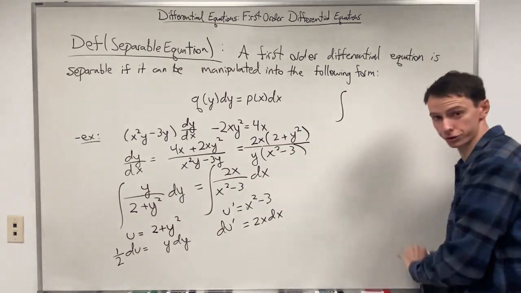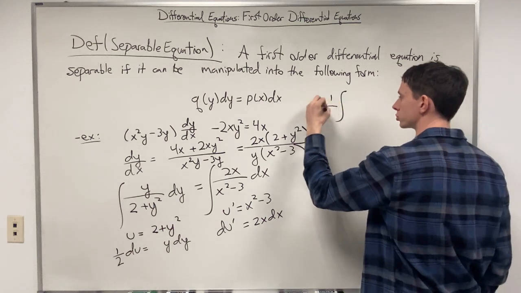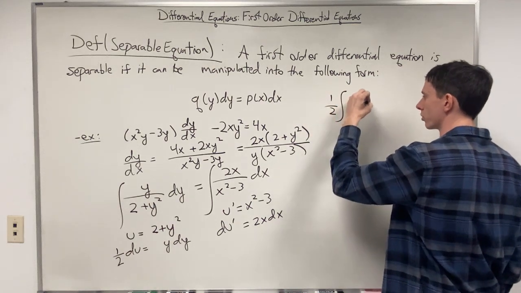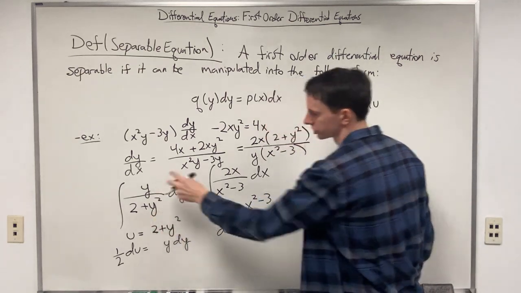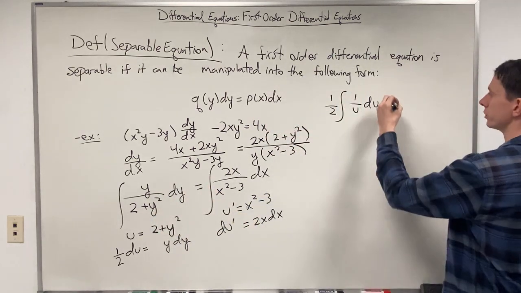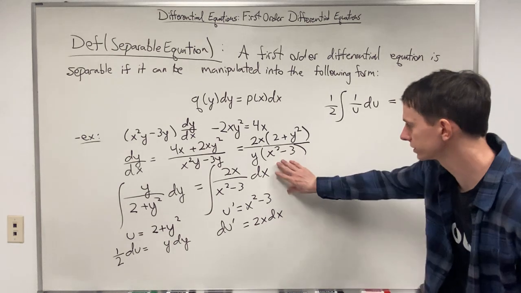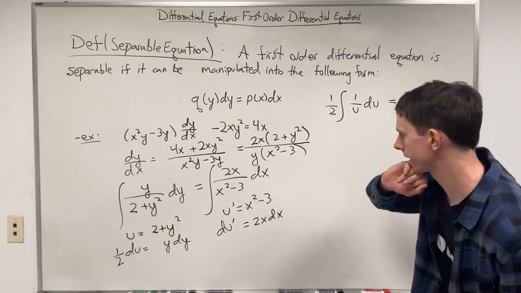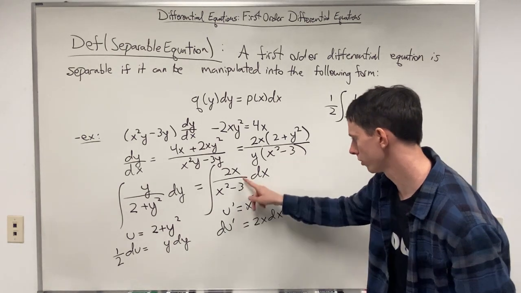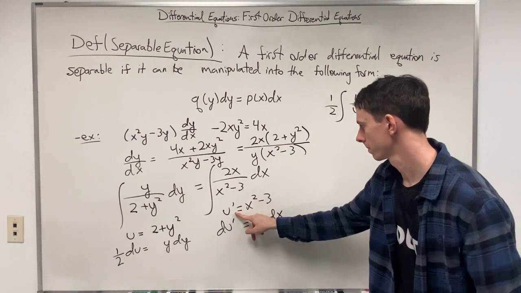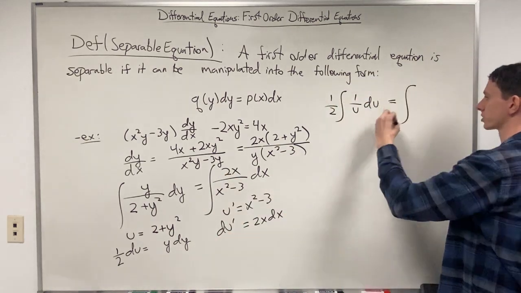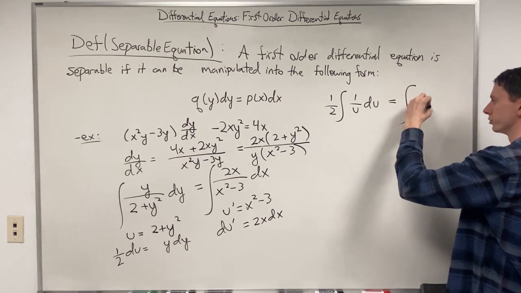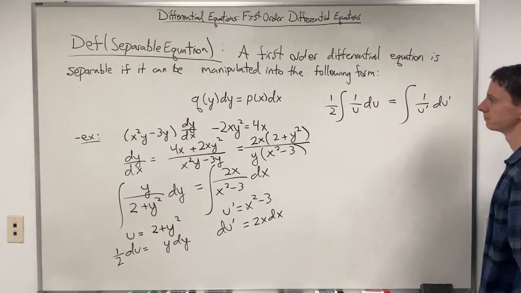This is going to be 1/2u, or in other words, 1/2 times 1/u du. Just taking these variables and substituting them back into the left-hand integral. And for this integral right here, I'm going to have 1/u prime, and then the entire numerator here is just du prime. So I'm just going to have 1/u prime du prime.